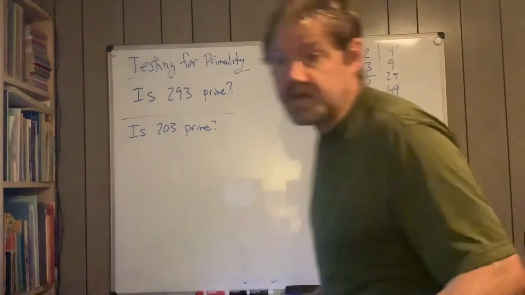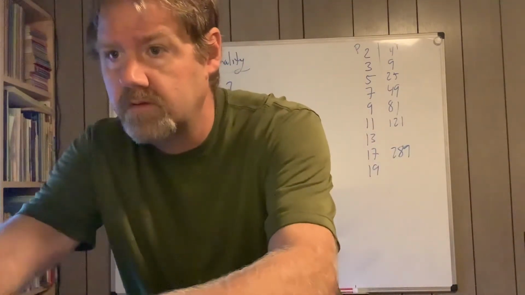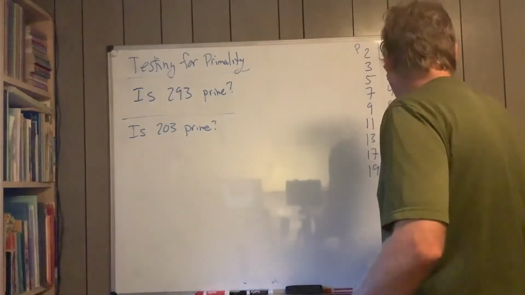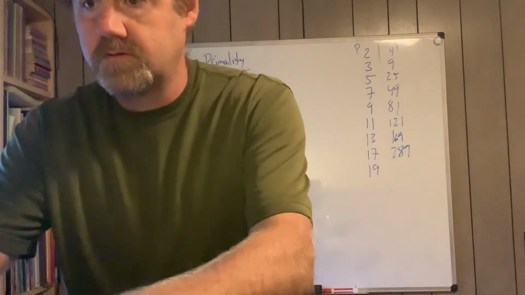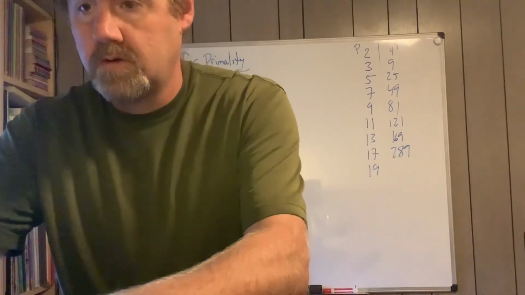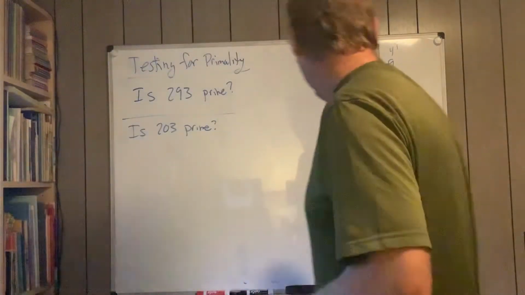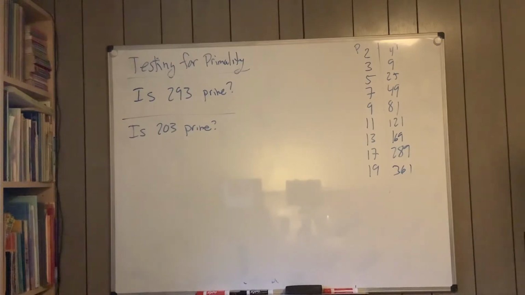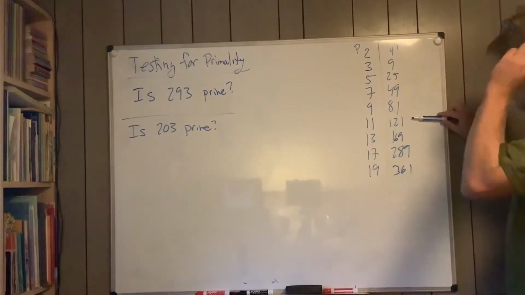I have to look up these other ones again. 13 squared is 169 of course, and 19 squared is 361.